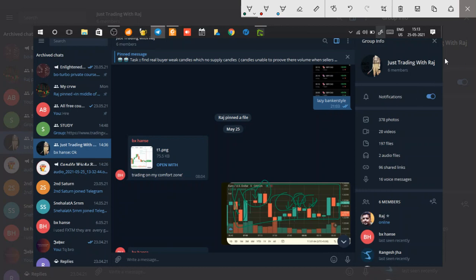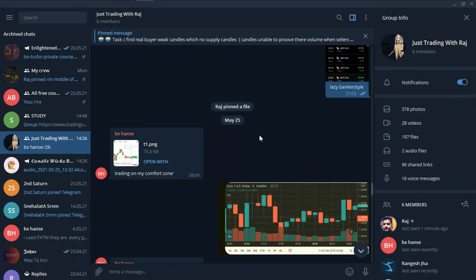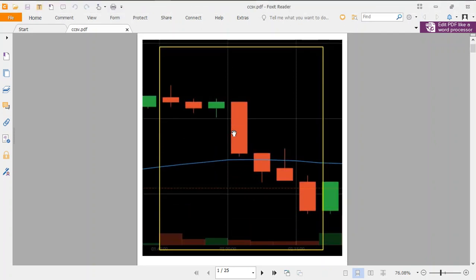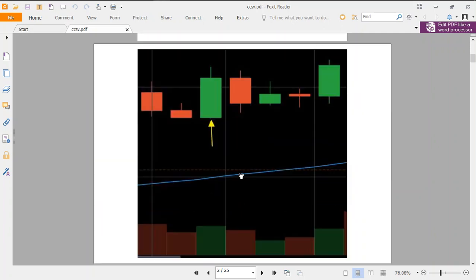And once I spot the trigger point, then we need to take a trade in 3 to 4 candles. Assume that this is my trigger point and I have 2 candles before, and in 3-4 candles I'm going to take a trade.